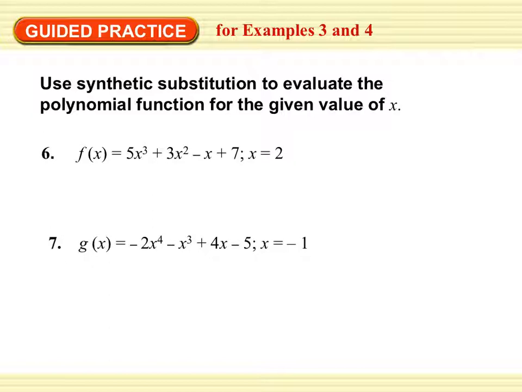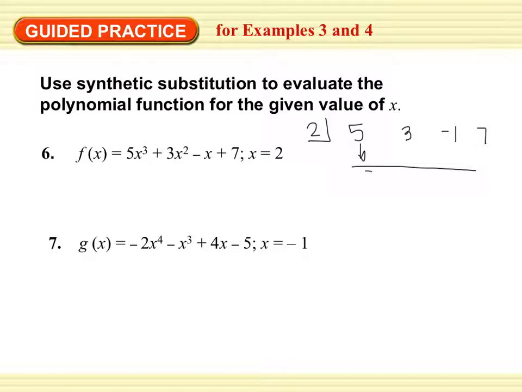All right, so let's practice a few. First of all, synthetic substitution to evaluate the polynomial. I need to write all of my coefficients. So 5, 3, -1, and 7. And this would be a 2.